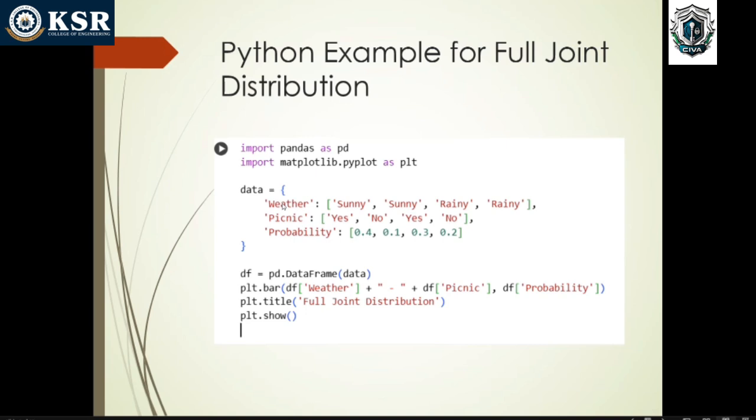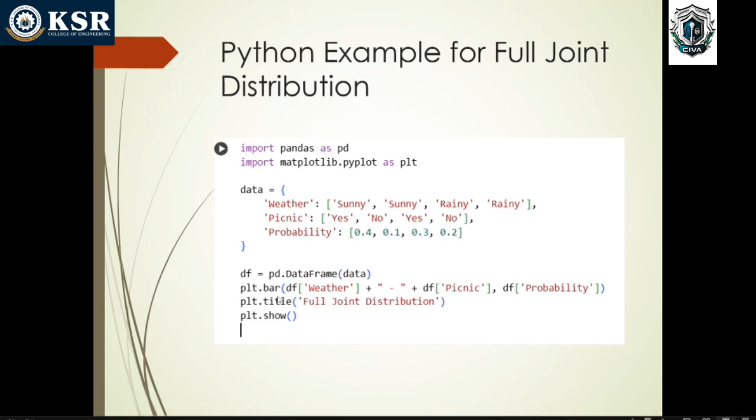What data? The weather, picnic and probabilities are the data that I am going to give. If the weather is sunny and picnic is yes, the probability is 0.4. This way I write all my events into the data, and then I use a data frame to collect the data in tabular format, with data frame weather, data frame picnic, and data frame probability.